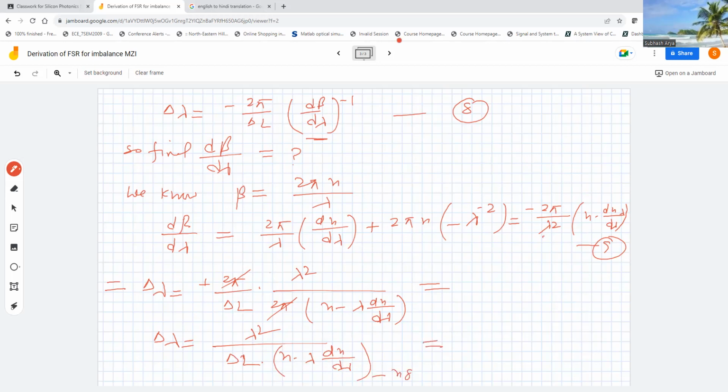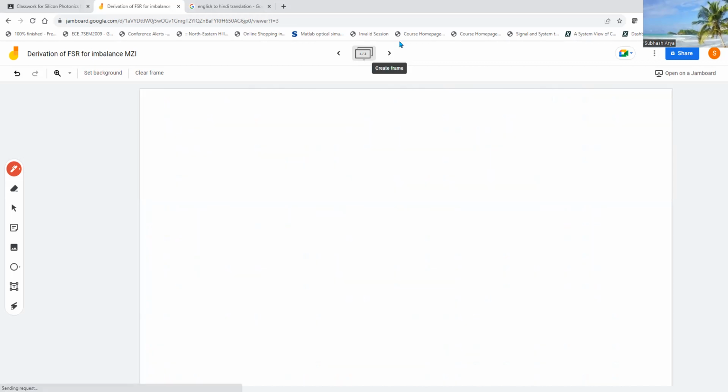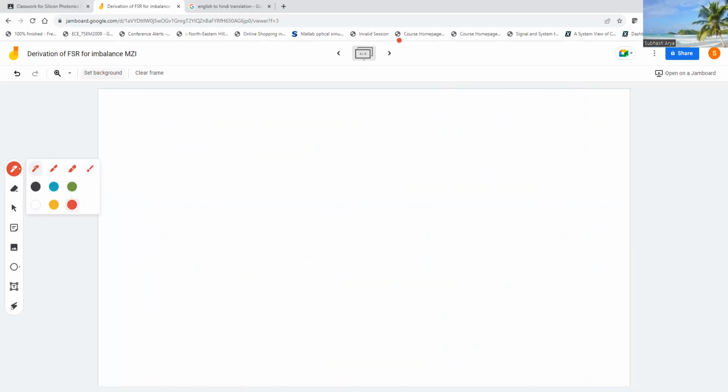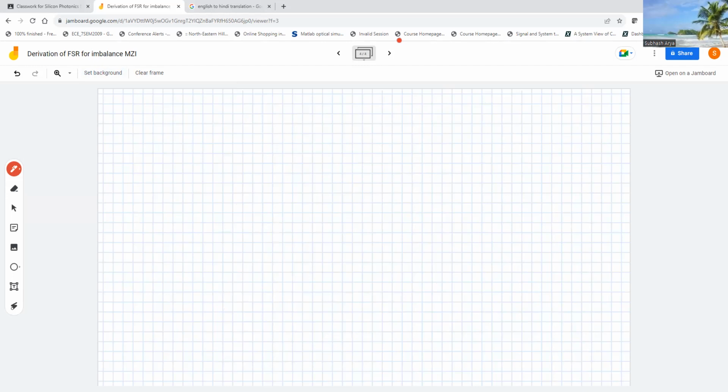And this is nothing but your group index Ng. So in simplified form, lambda square divided by delta L multiplied by Ng, that is the group index. So the final equation for FSR becomes delta lambda is equal to lambda square, that is the operating wavelength, divided by delta L, that is the difference in the arm lengths L1 and L2, multiplied by Ng, the group index.